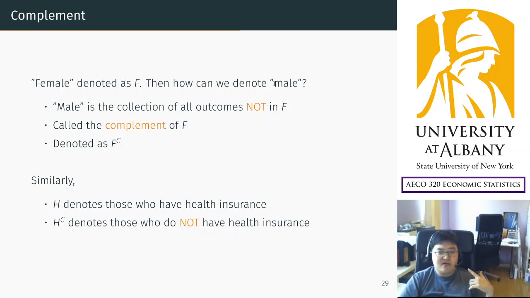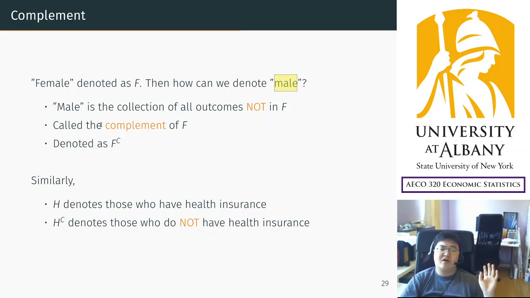Male is automatically the negation of female, just the complement of it. So male is the event that contains all the outcomes not included in female. All the individuals who are not female are male. And it's exactly the complement set.